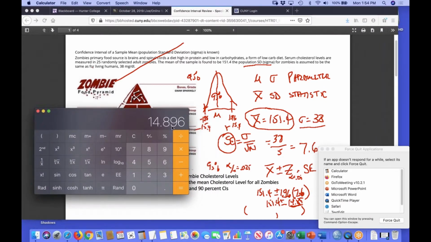Okay, so I'm going to take that number and add it to my memory, and then clear it out. 151.4 minus, and I'll recall that number, is equal to 136.5. So the lower range of my confidence interval is going to be 136.5.